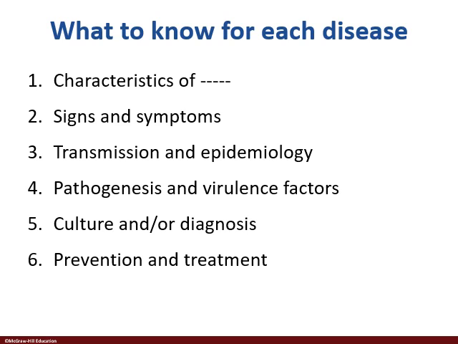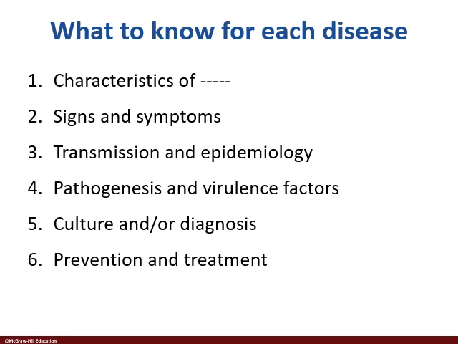What are the characteristics of this infection, this disease? What are the normal signs and symptoms that, from a clinician standpoint, you look for? How is this disease transmitted? And the epidemiology of it means who's actually getting infected, who's getting exposed, who's actually getting sick.